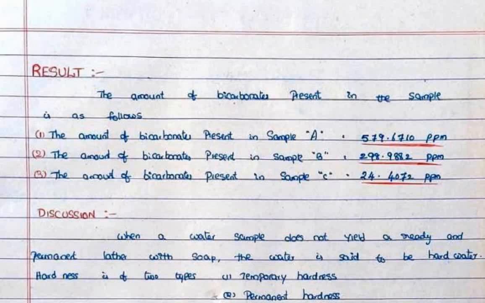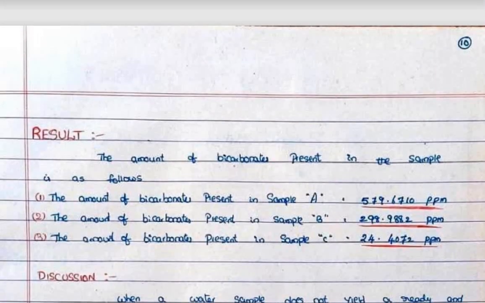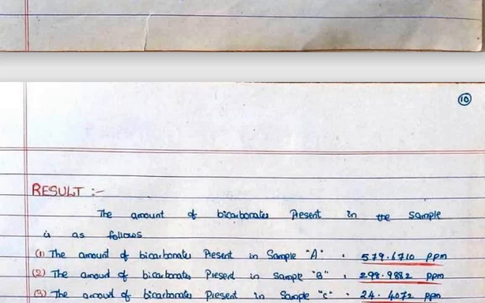After that, result: the amount of carbonate present in sample A, the amount of carbonate present in sample B.